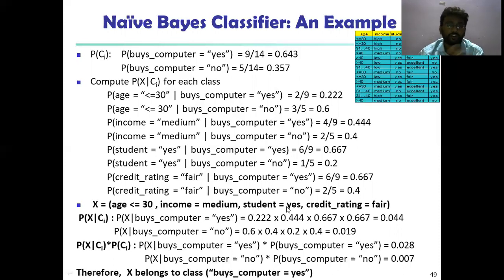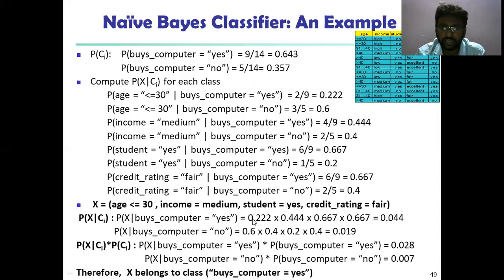So we form a formula using the training data set. Now we are calculating the probability of the training set by class values. Here we have 0.222 into 0.444 into 0.667 into 0.667.